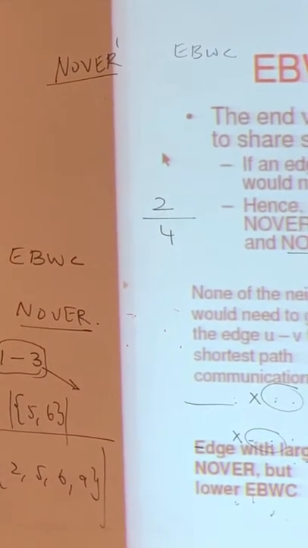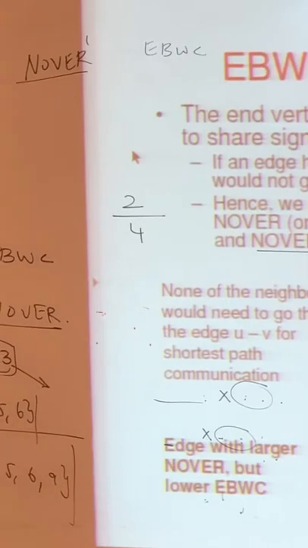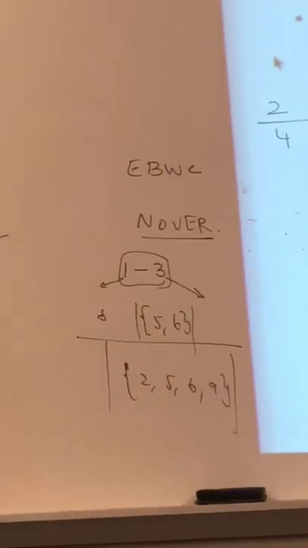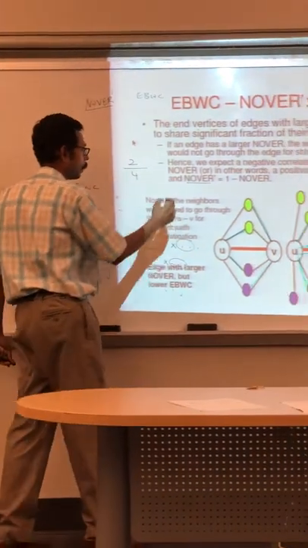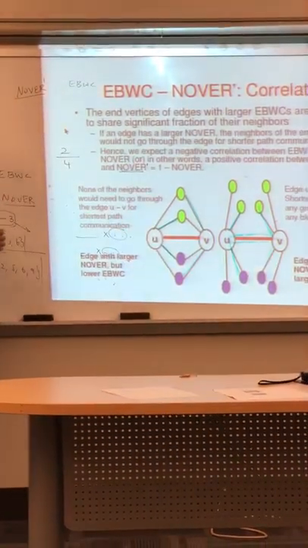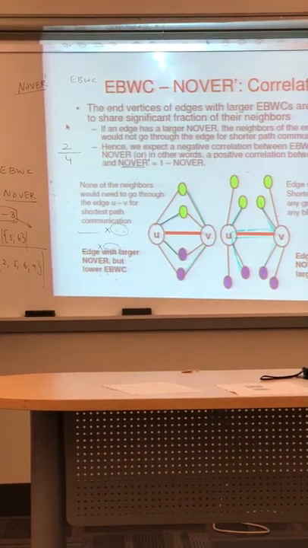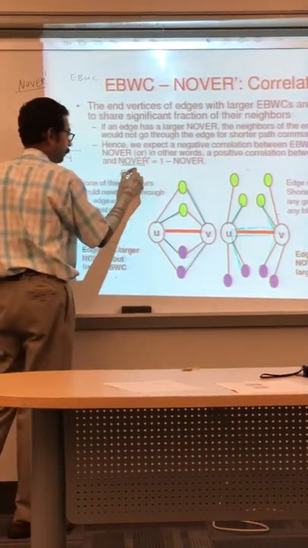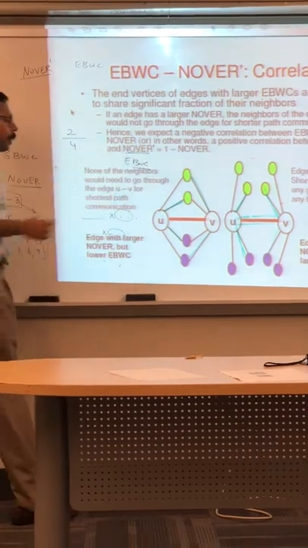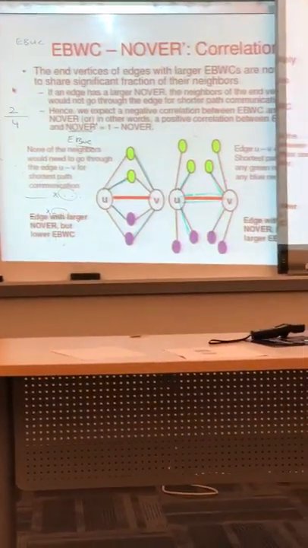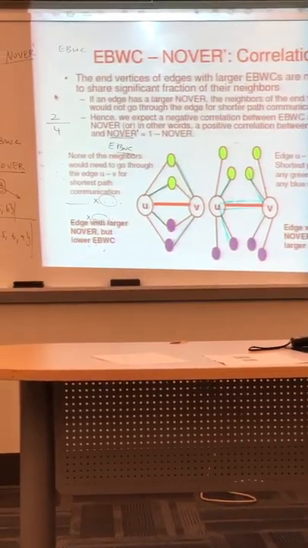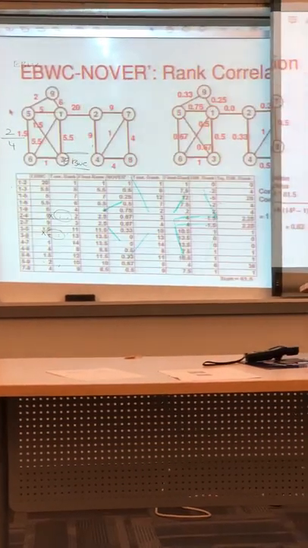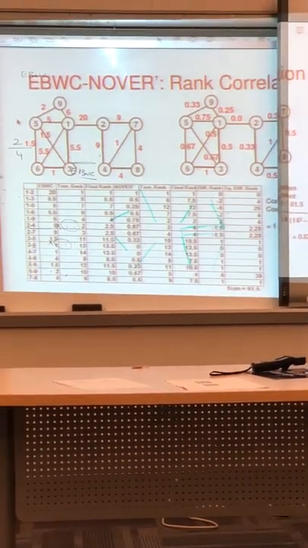Because neighborhood overlap is just a fraction from 0 to 1, I can do 1 minus the neighborhood overlap score and determine something called NOVER prime. And that's going to have a positive correlation with edge betweenness. We are going to see an example where we can rank the edges based on these two metric values and see what the correlation coefficient is.